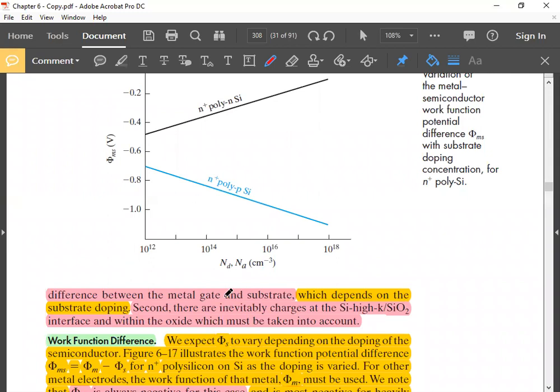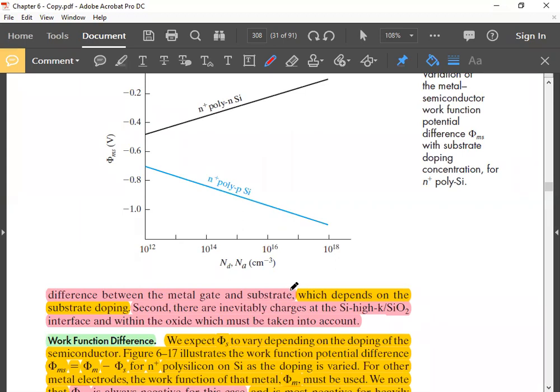But the thing is, because of these two, the metal and semiconductor work function difference and the surface charges, when you form the MOS structure, automatically because of alignment, the Fermi levels of semiconductor and metal are not at the same position, so there will be some band bending.